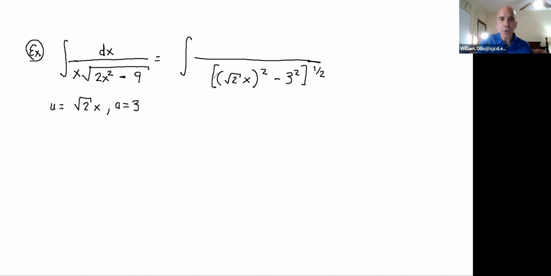Now notice here, we need a u here. We have an x, so what we're going to do is put in the square root of 2 and then pay for it. So here we'll have the square root of 2x and then pay for it here. Now notice what I've done here.